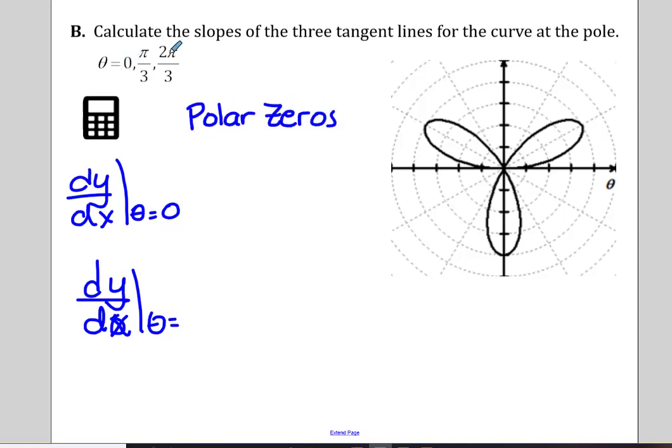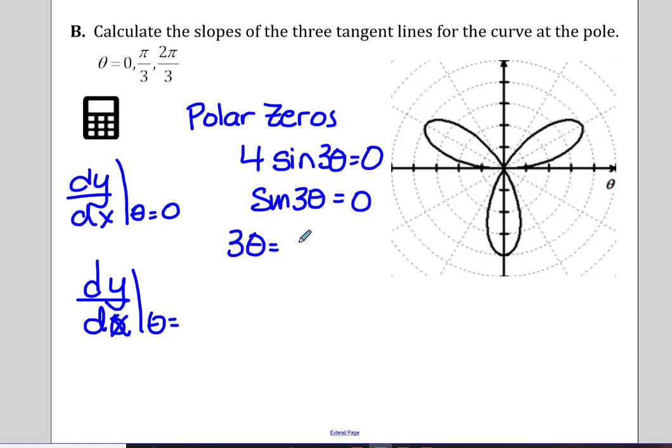They're telling us 0, pi over 3 and 2 pi over 3. And our function was 4 sine 3 theta equals 0, where the sine of 3 theta is 0. So 3 theta would be 0 plus pi times n, where n is an integer, or dividing by 3, 0 plus every pi over 3 n.